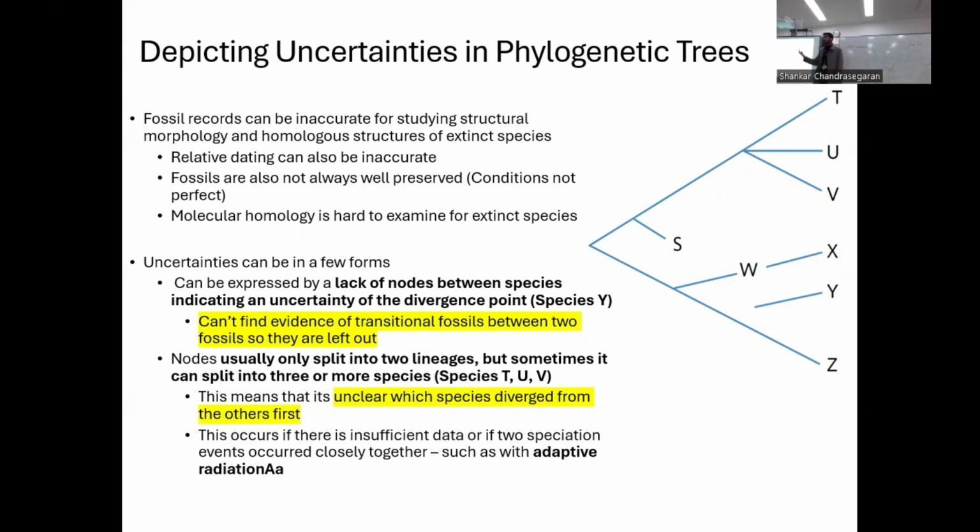So temperature, oxygen availability, sunlight availability, all these play a factor in how well preservation of a fossil can occur. And if even one of those conditions is not perfect, then the fossil might not be as well preserved, which can be an issue, right?